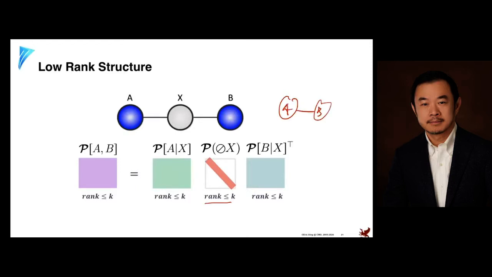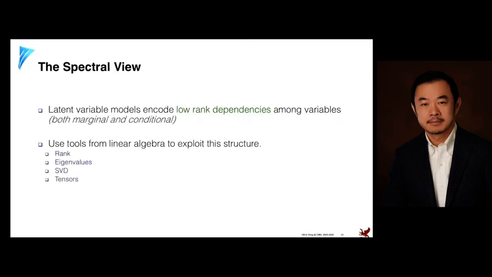But I can really use a low rank P of AB for this pair of observed random variables, which effectively accommodates the presence of a hidden variable. So I'm going to go from here to here, right? Even though, to understand the low rank K, I need to introduce a hidden variable. So these two concepts are equivalent. Okay, so this is the spectrum view of graphic models.